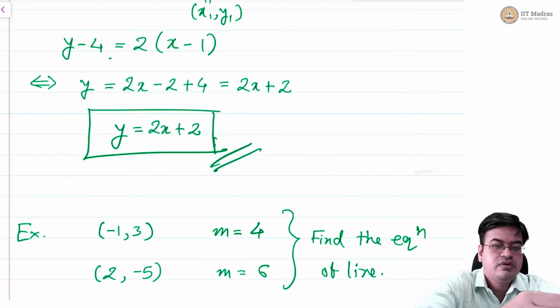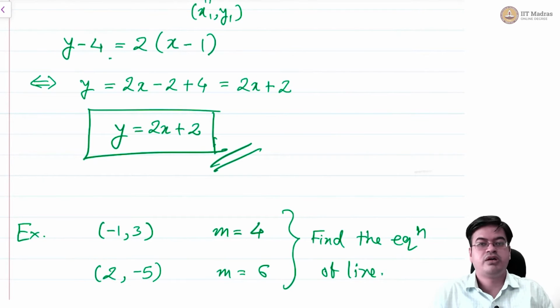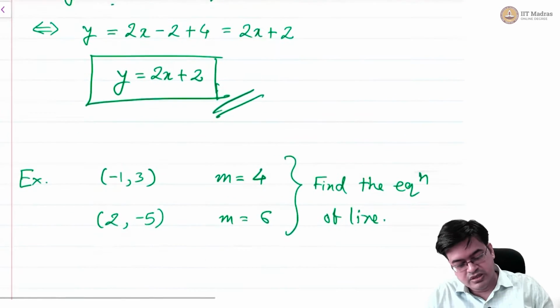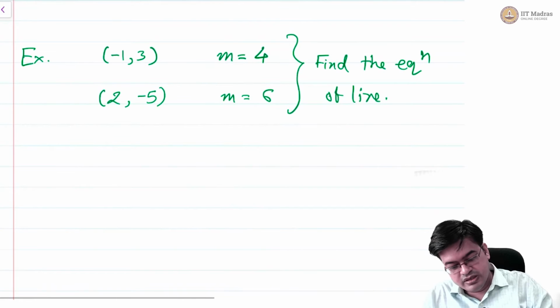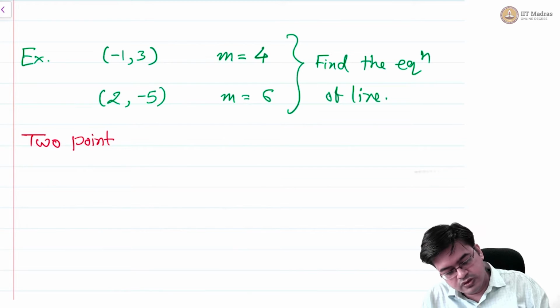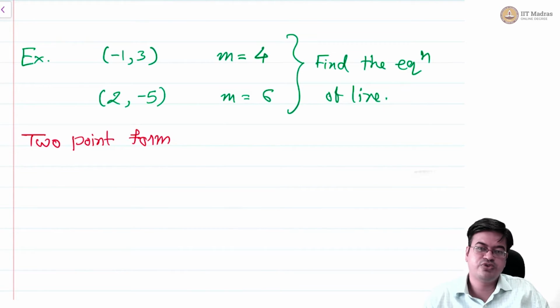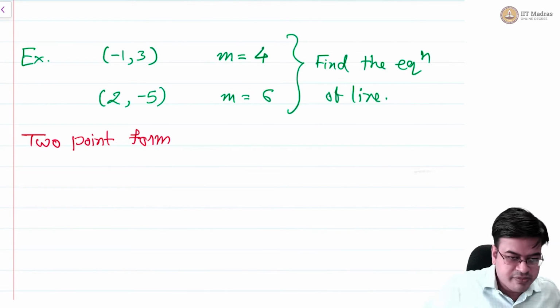Okay, let us go to another form where you have not been given a slope but you have been given 2 points, and that form is named the 2-point form. We have already seen that form, the 2-point form of the equation of a line. So let us straight away start with an example, because you know how to determine the slope of a line.